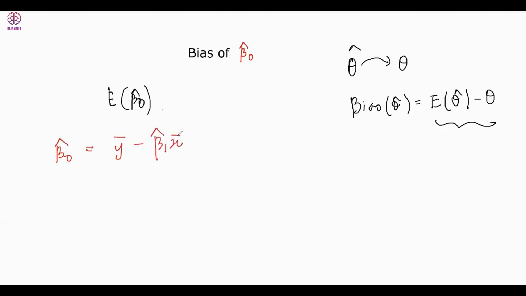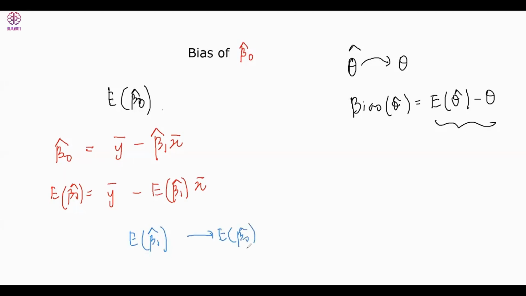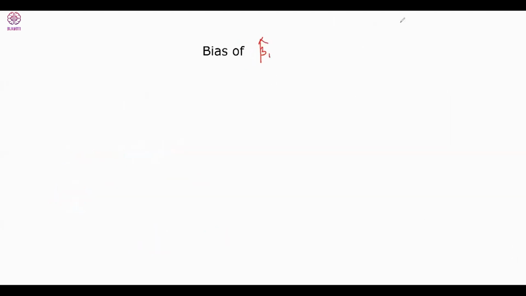So therefore, expectation of beta naught hat is equal to y bar minus expectation of beta 1 hat times x bar. So it's useful to calculate expectation of beta 1 hat first and then go to expectation of beta naught hat. Therefore, this video is dedicated to expectation of beta 1 hat.